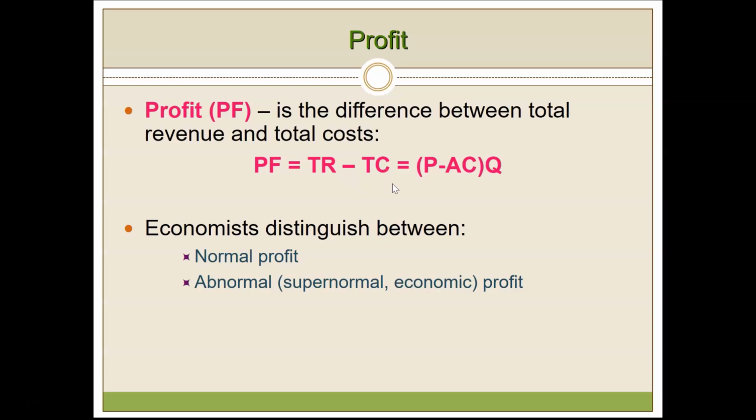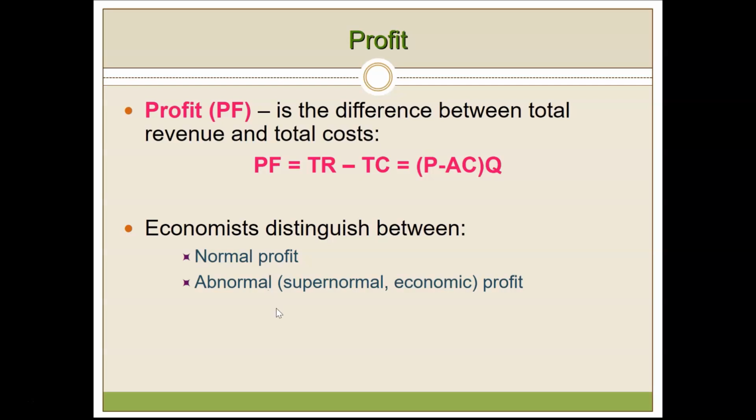However, there is another formula which you can use as well, which tells you that profit can be calculated as profit per unit, the difference between price and average cost per unit, how much you make per each unit, times the number of units, times quantity. And we are going to illustrate this formula on a graph today. So we'll try to find the best profit maximizing level of output using this type of formula. This is what we'll do today.